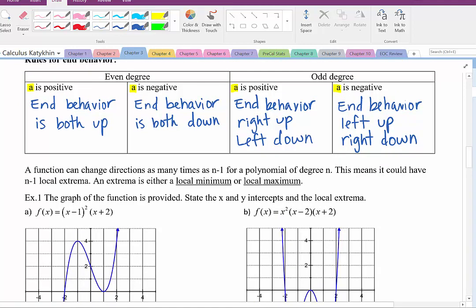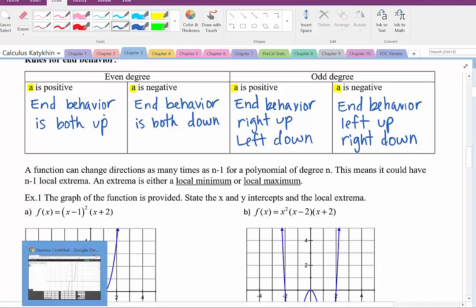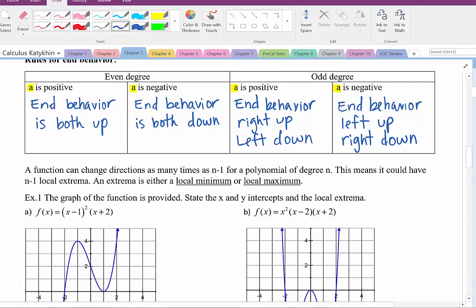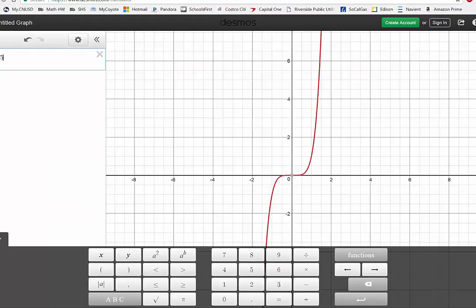So a quick example of that, let's look at this behavior here. Let's look at even degree with positive coefficient. Using Desmos, here's an even degree, let's say 6, and the coefficient, let's say 2. So the 2 is positive, x to the 6. Now if I change that to a negative, notice it will both go down.